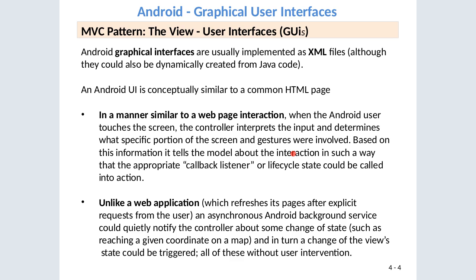So that's what you are saying: unlike a web application which refreshes its page after an explicit request from the user, an asynchronous Android background service could quietly notify the controller about some change of state.